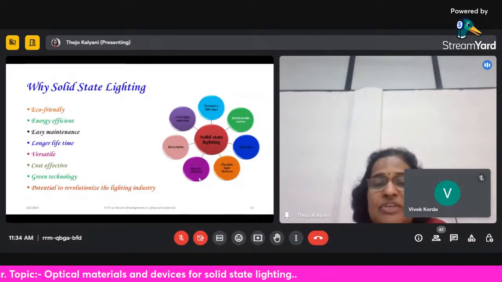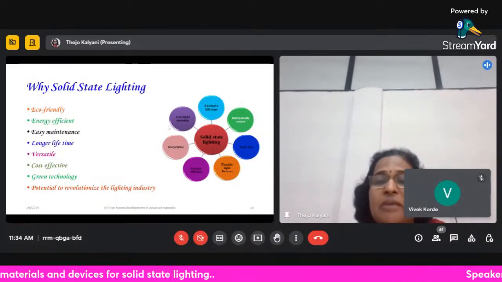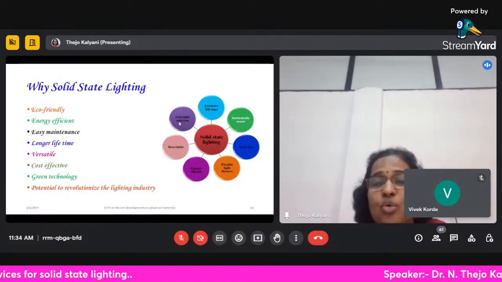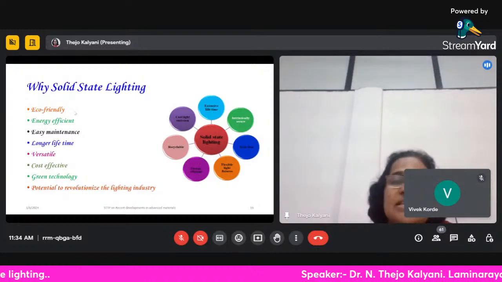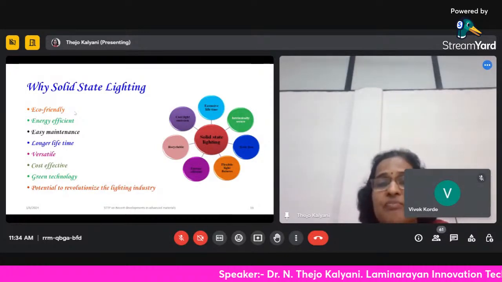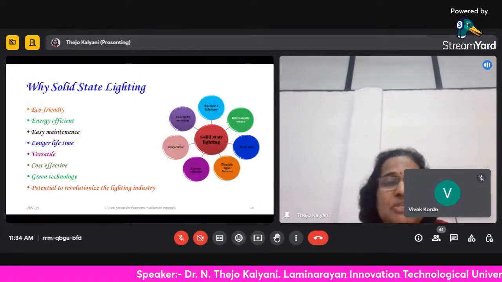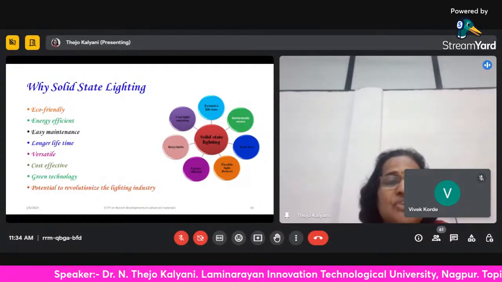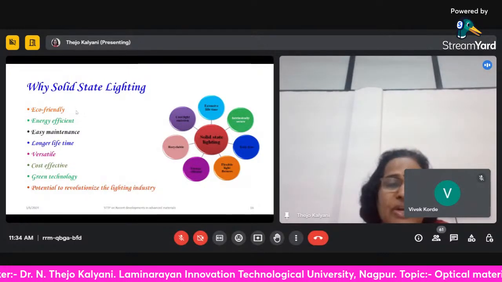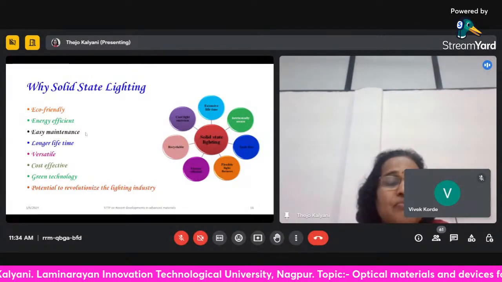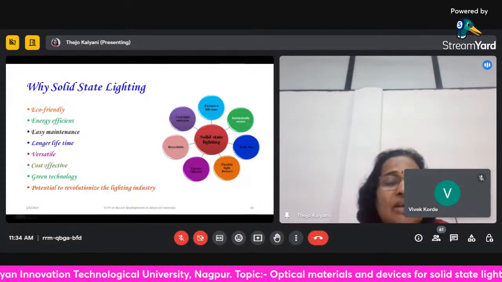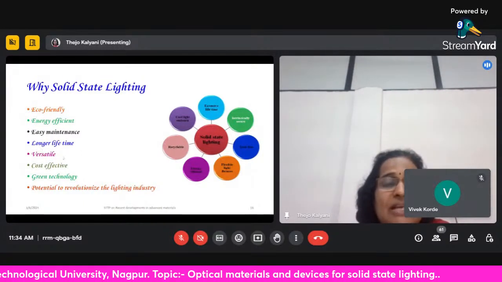They are energy efficient. We can even recycle them, and the emission given by them is very cool. Since they don't have mercury and give cool emission, they are recyclable and energy efficient, so we can say that they are eco-friendly, and we can easily maintain them, the lifetime is more, and we can make them versatile in designs.